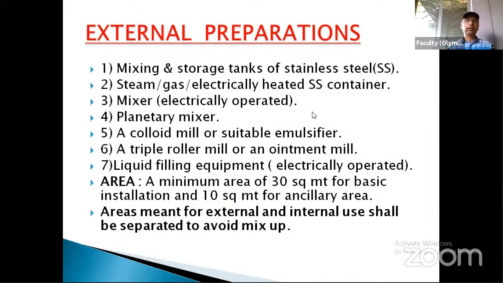Mixer will be there, that is also electrically operated. Planetary mixer. Colloid mill is needed for preparation of emulsions or any other suitable emulsifier. Triple roller mill, for ointment preparation, you know that triple roller mill is required.